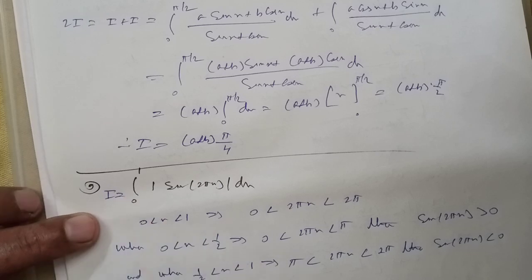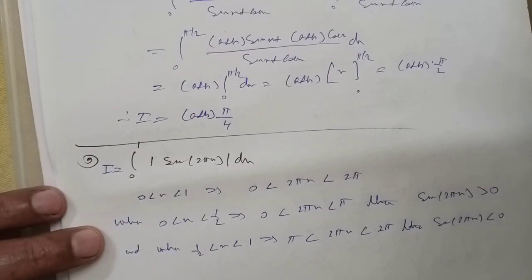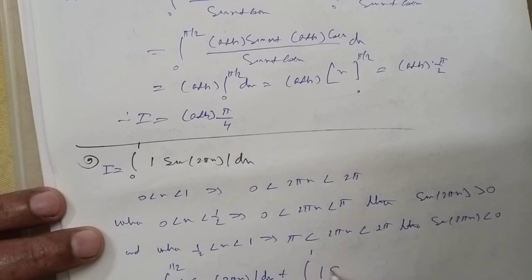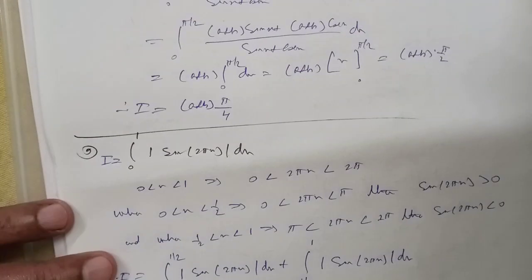So our I becomes 0 to half mod of sine of 2 pi x dx plus half to 1 mod of sine 2 pi x dx.